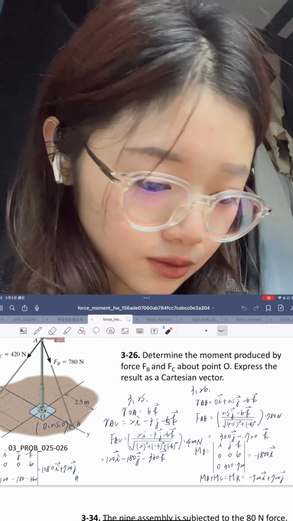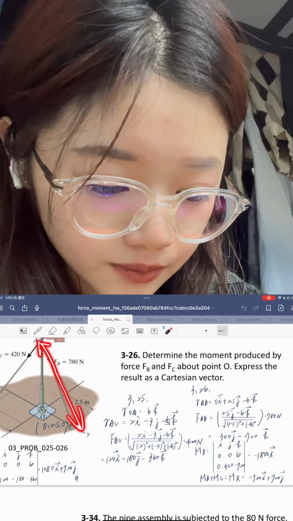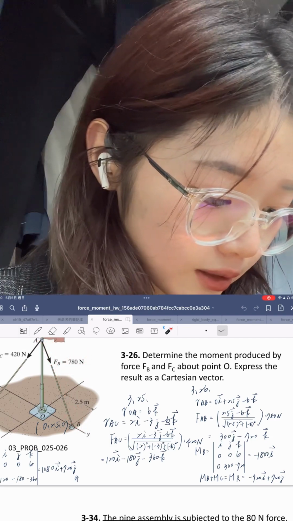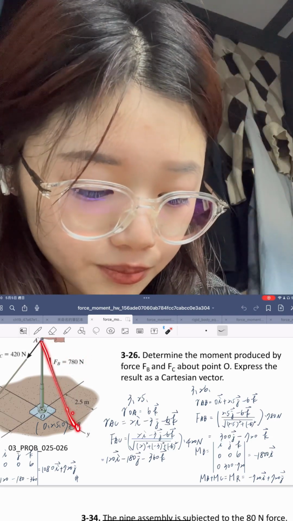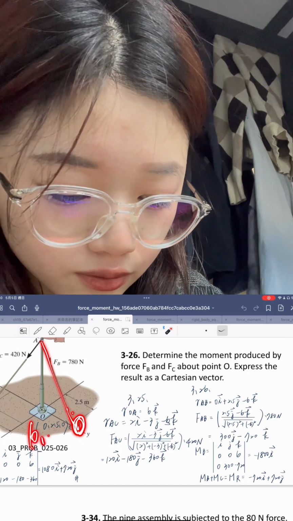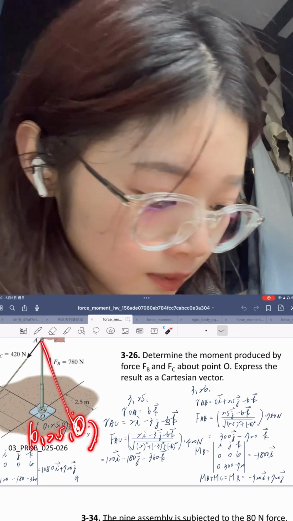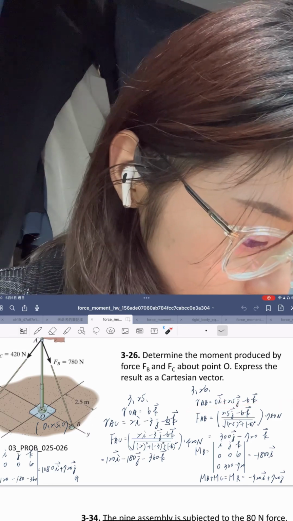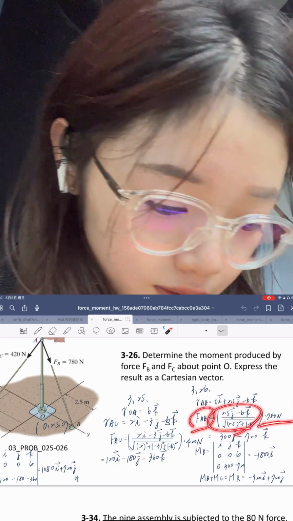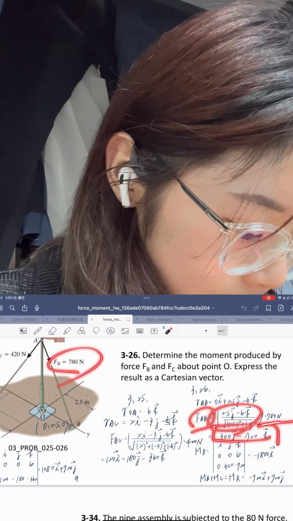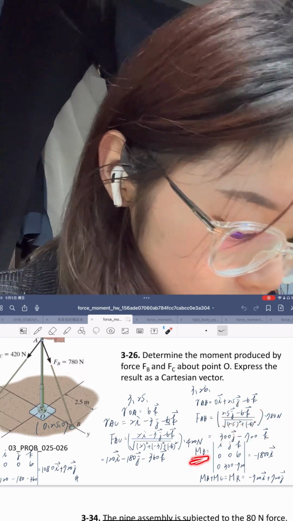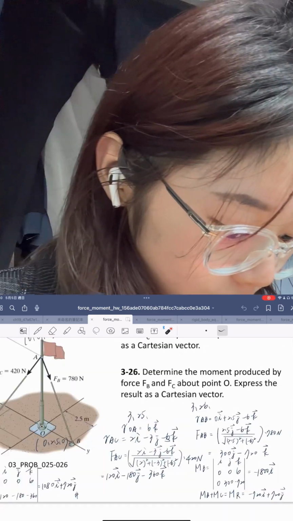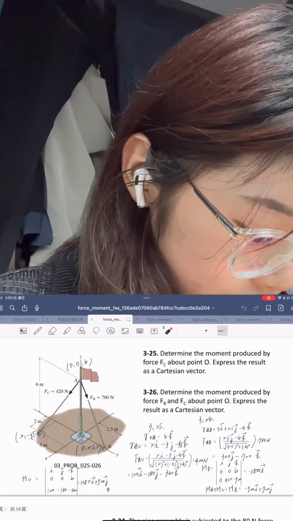With the same, we know the RAB is this, the 718 Newton, and the RAB, we know the B point is 0.25 and 0. So we will write like this, and the force with the Cartesian vector. So we know the answer like this. And the moment B is the same as the moment C, we will use the vector formula, just like this.